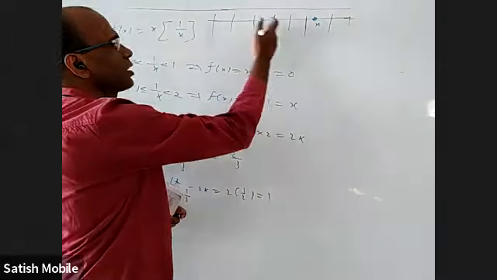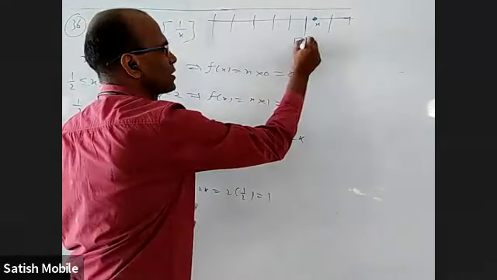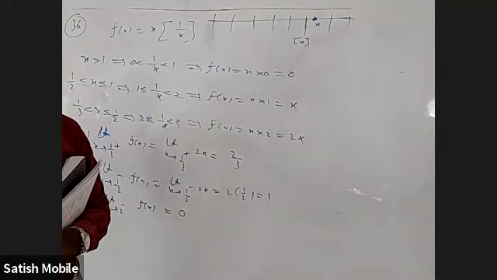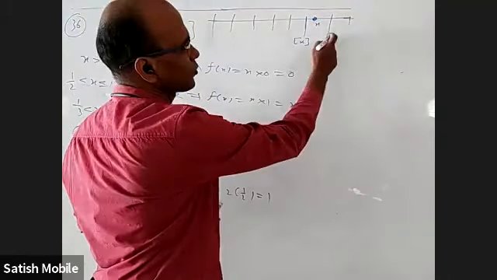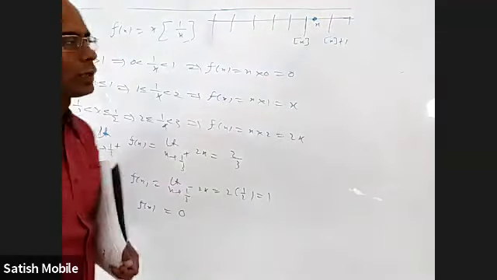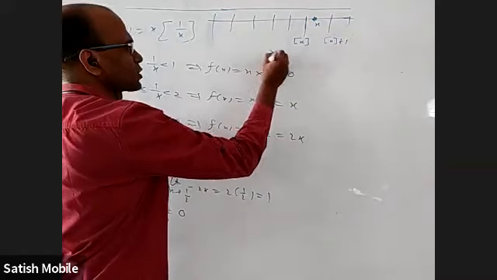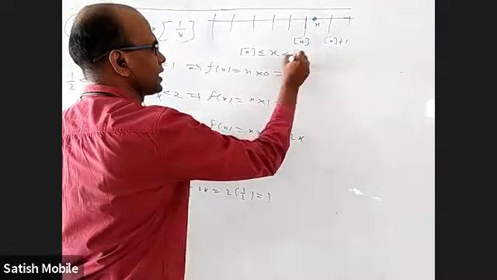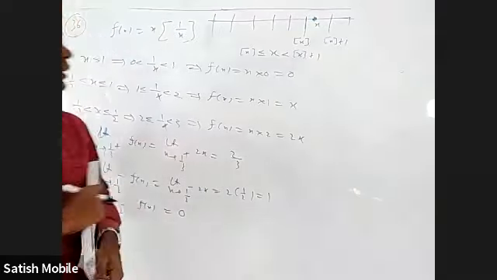The greatest integer less than x is called the integer part of x, isn't it? That is the definition of the greatest integer function. If this is the integer part of x, what will the next integer be? Integer part of x plus 1. From the definition, I can say that the integer part of x is less than or equal to x, less than the integer part of x plus 1.